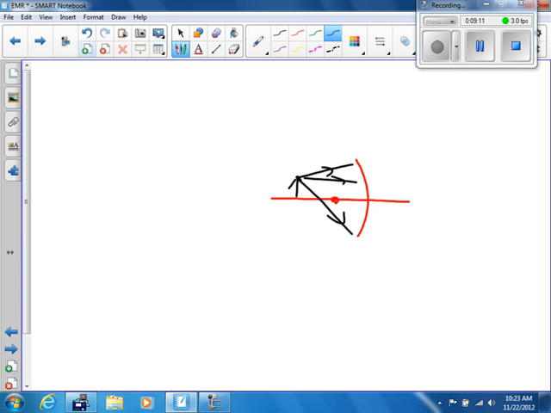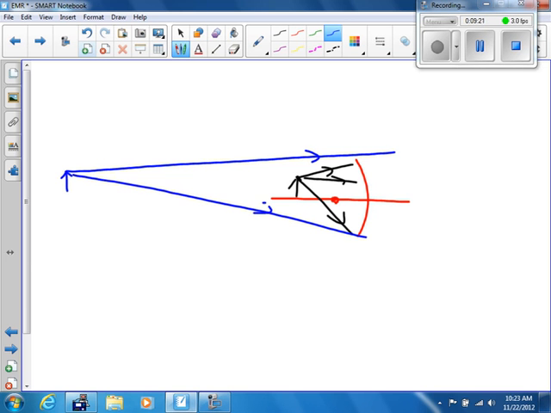Let's create another object over here now, same size. Rays coming from this object are also going to go in every which direction.